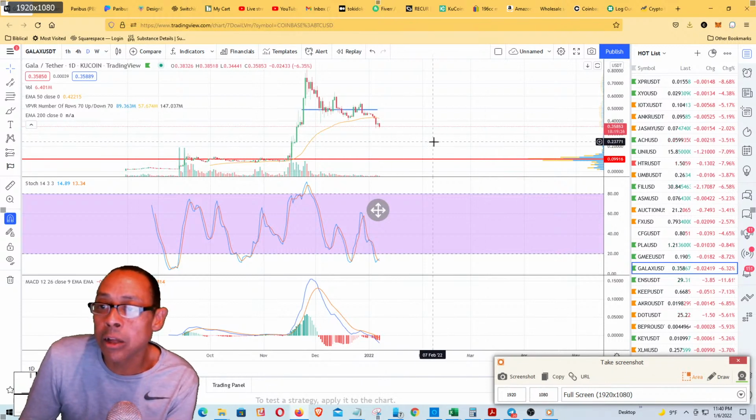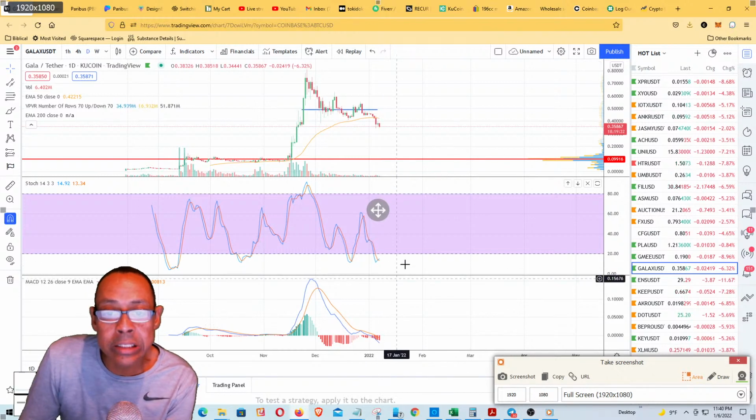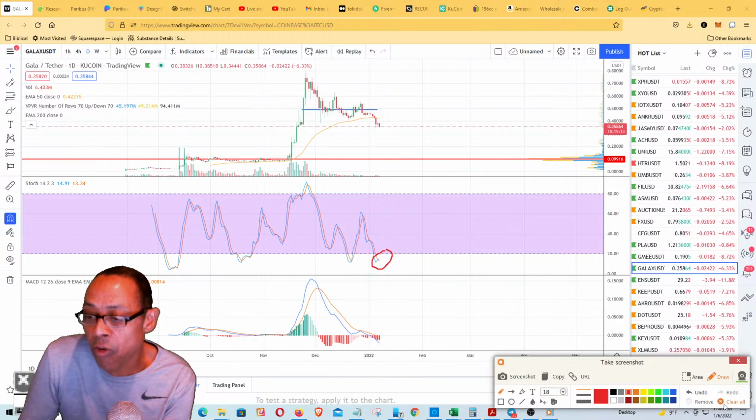I could DCA this all the way down to this little mini node at 22 cents. But with this crossover, let me show you what could happen. It doesn't mean that it's going to cross over and do this. It's not guaranteed. Here's what it could do. It could do that. Okay? And then it could do that. So just because you have a crossover doesn't mean it's an absolute reversal of trend.